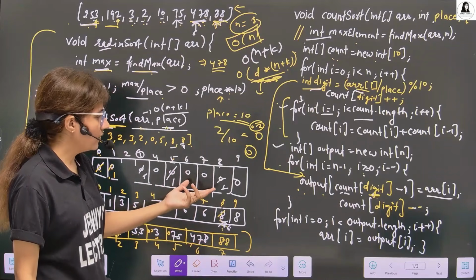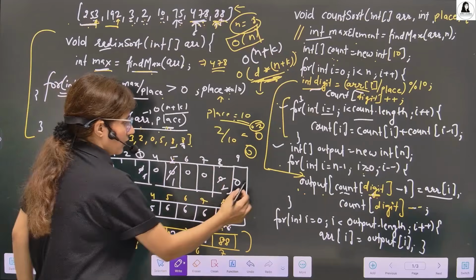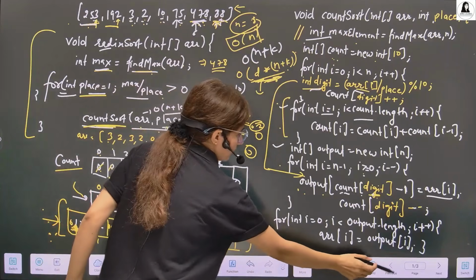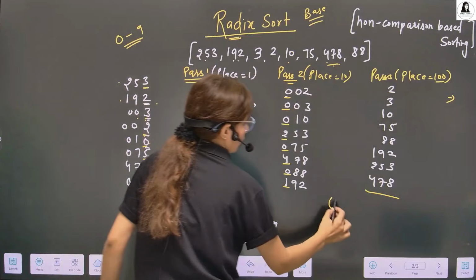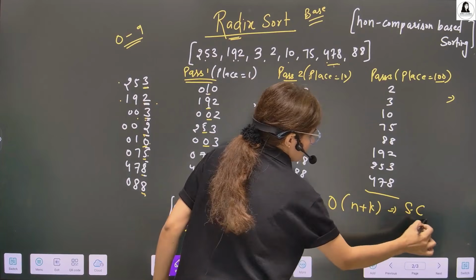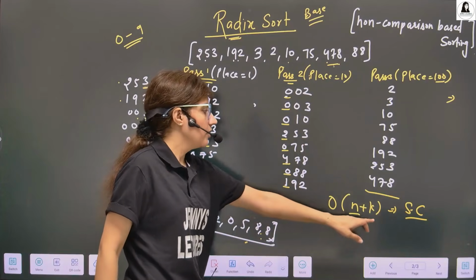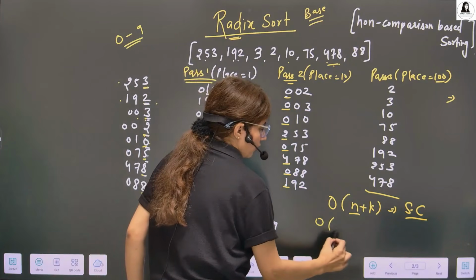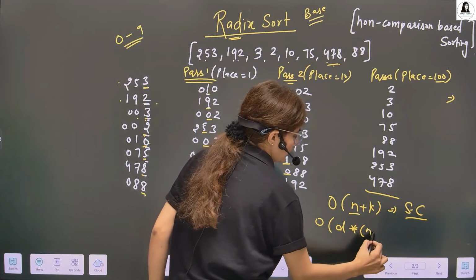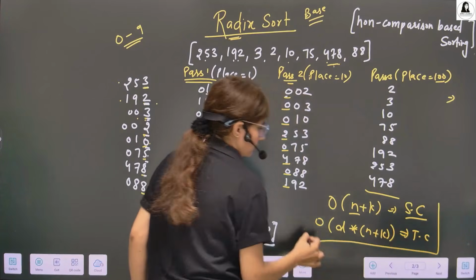For the count array, the size is fixed at 10, so we consider it k. So space complexity is order of n plus k. N is because we take a separate output array of size n, and k is the count array size. And order of d into n plus k is the time complexity for radix sort.